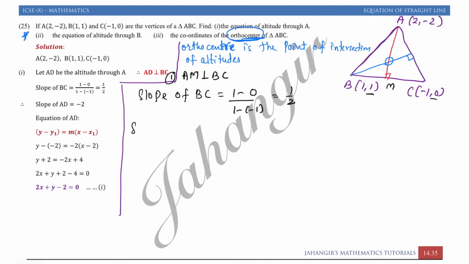Now slope of AM is the negative reciprocal, so it is minus 2. Now we can find equation of AM.